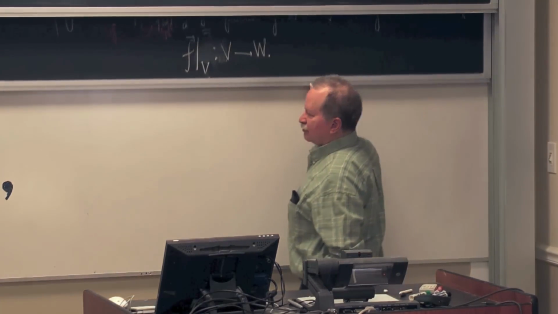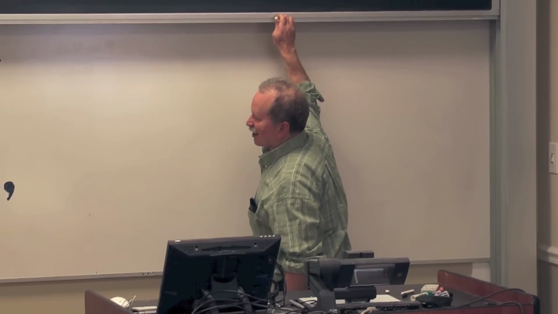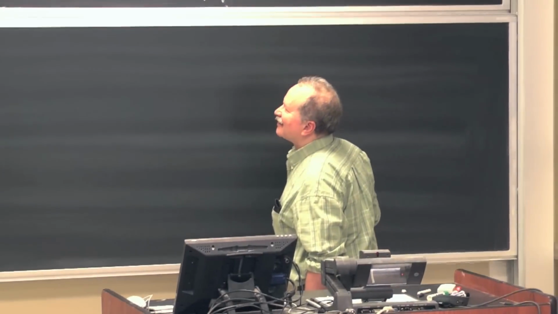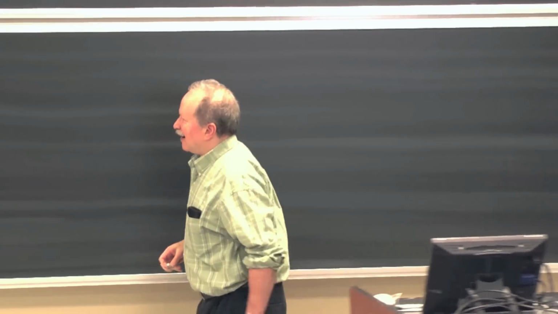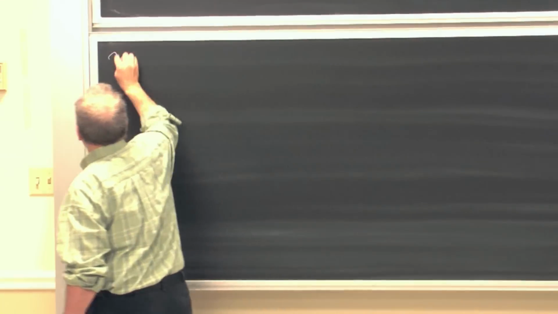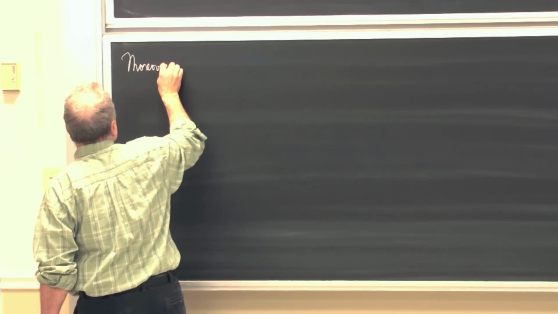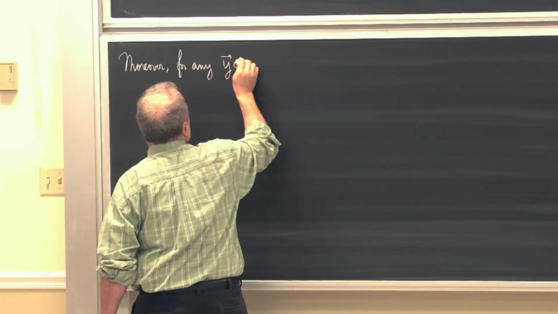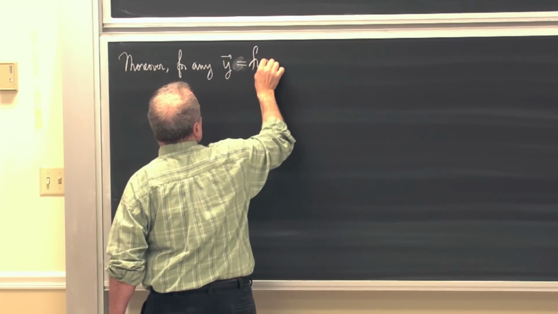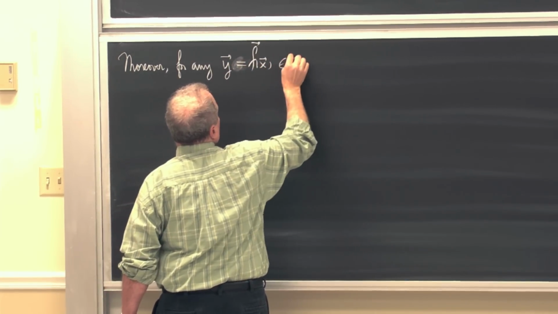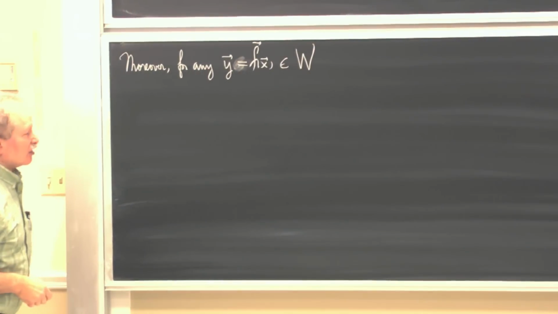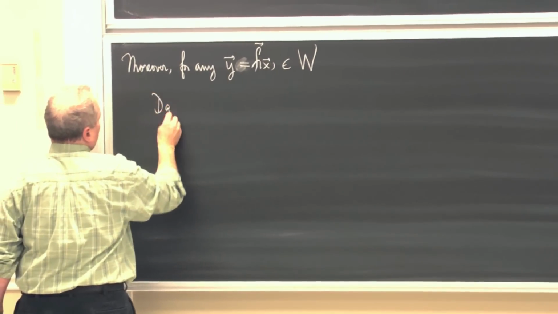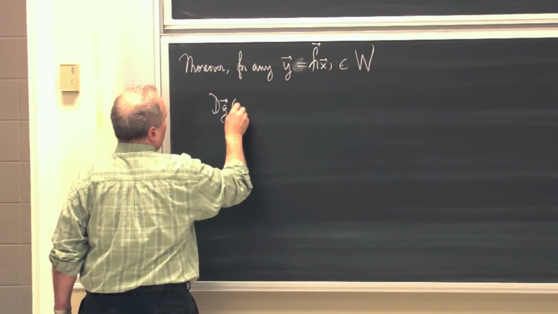And there's also, moreover, for any y, which happens to be f of somebody in W, we can give a formula for the derivative of g at y.